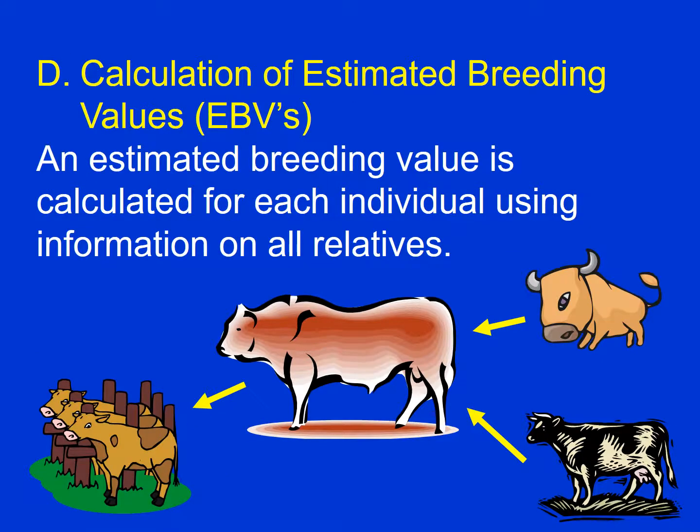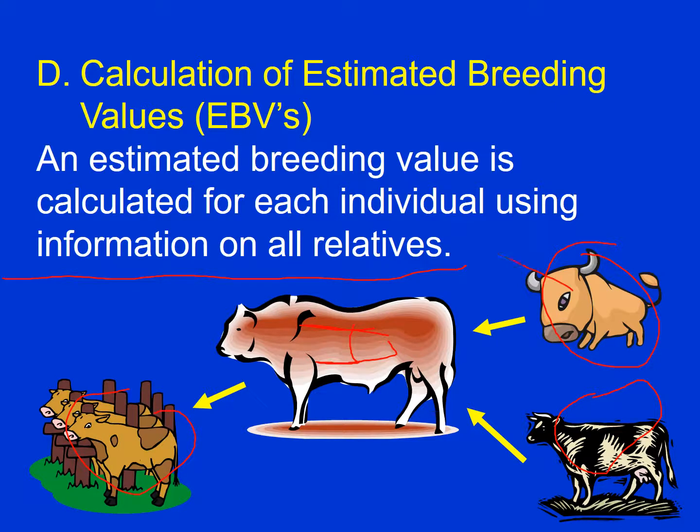Okay, the next basis for selection is calculating estimated breeding values from information on all relatives. We have this individual for whom we want to calculate a breeding value. We've got performance of his sire and his mother. We may have progeny and some siblings.